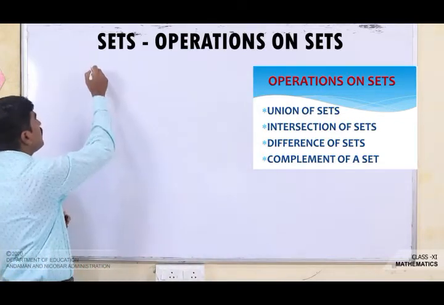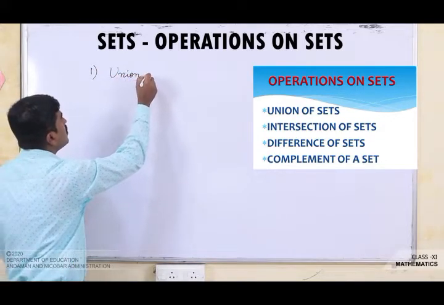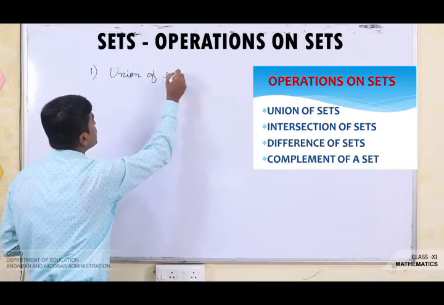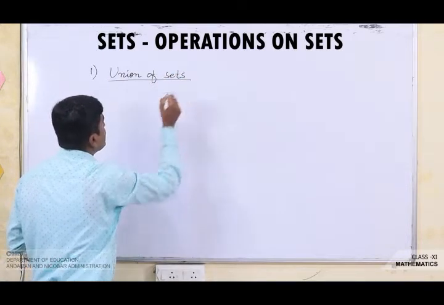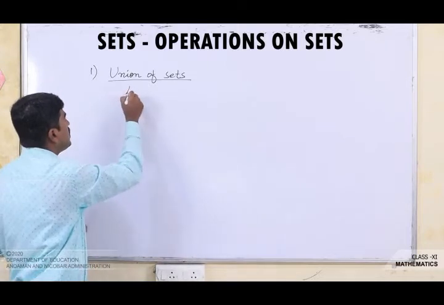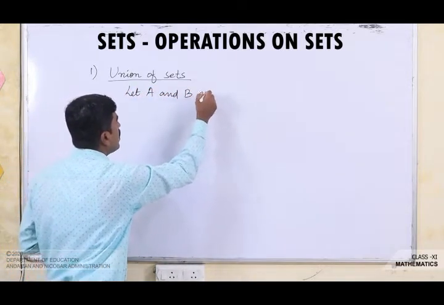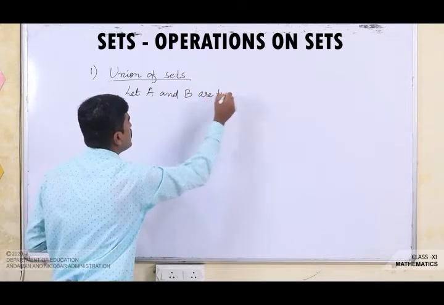The very first operation is union of sets. Suppose there are two sets A and B. Let A and B be two sets.